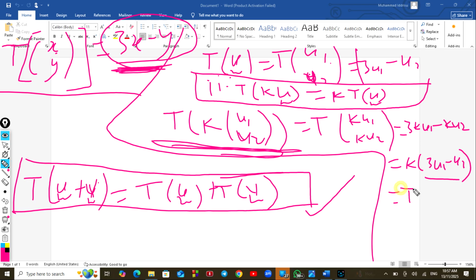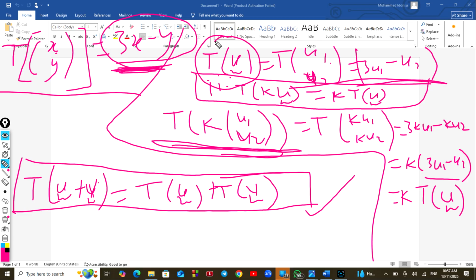So it's the same as transformation of what? Sorry, I forgot about the k. So k multiplying the transformation of u, the vector u, because 3u1 minus u2 is the same as the transformation of the vector u.